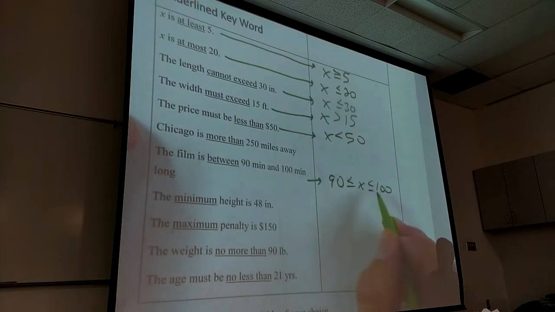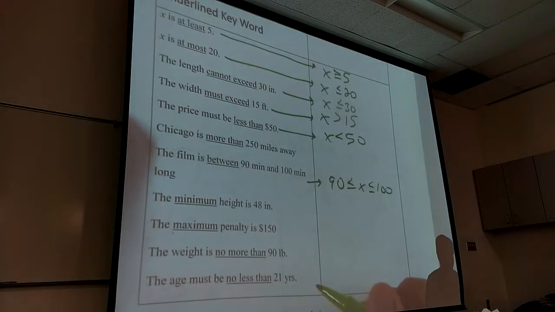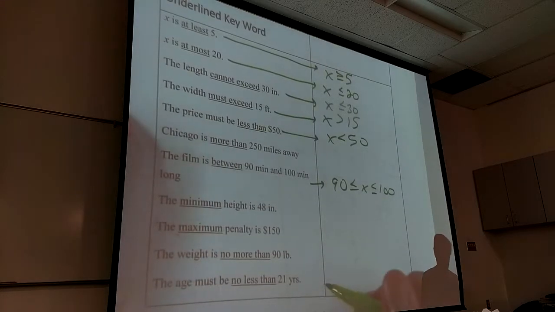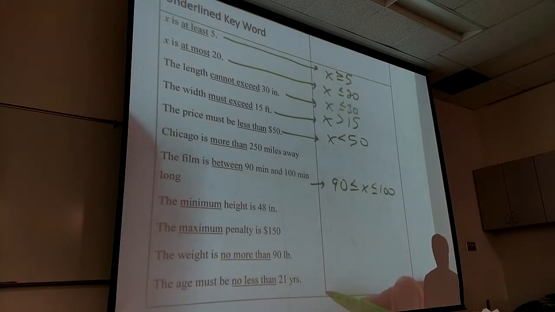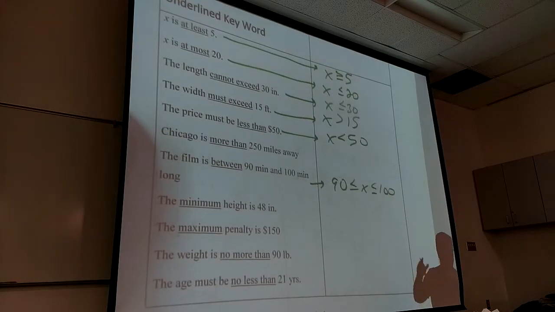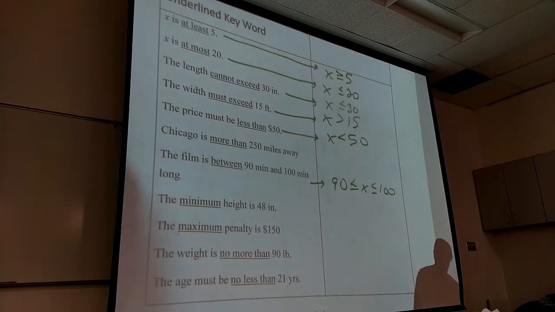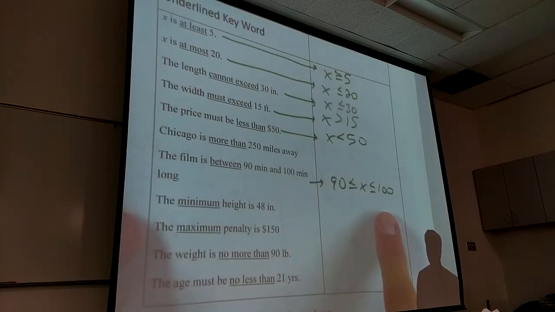We normally assume they mean inclusive. It'd be a little weird if they could be between 10 and 16 years old, but can't be exactly 10 or exactly 16. So normally the standard is you assume it's equal to also. They'd have to say excluding 90 or 100, in this case. That would be a little weird.